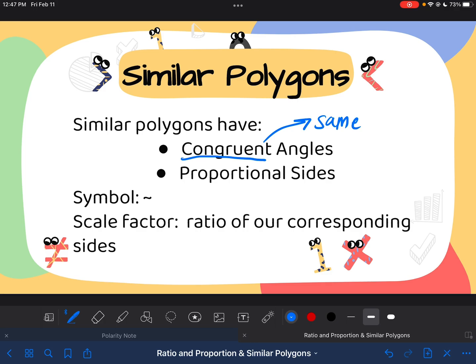The symbol that we use for similar is kind of like a squiggly line, as you can see right there. And then next we have the scale factor. Scale factor is basically a ratio of the corresponding sides. I'll show you more about this in our first example on the next slide, but make sure to keep these notes with you when doing so.